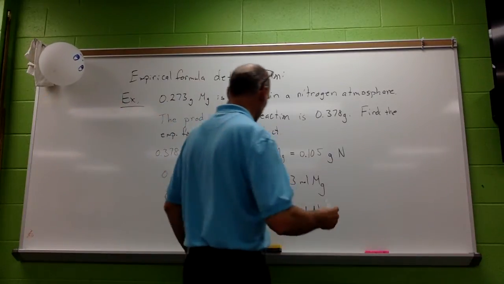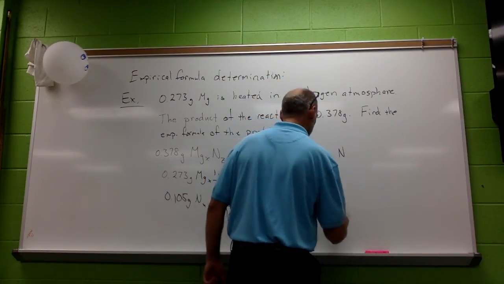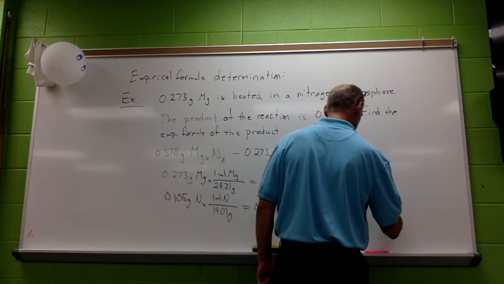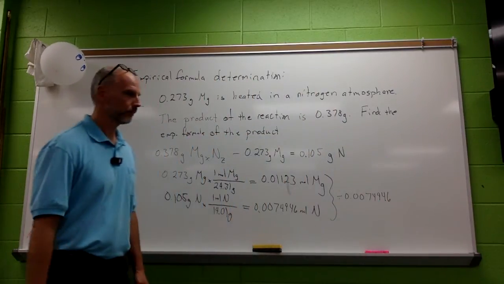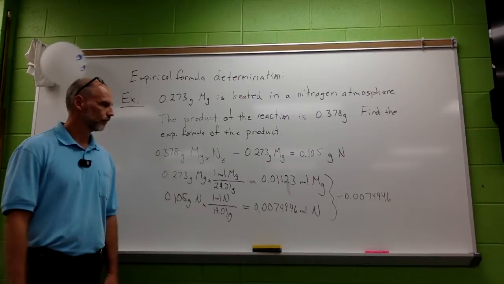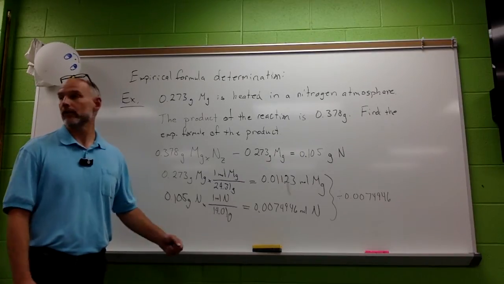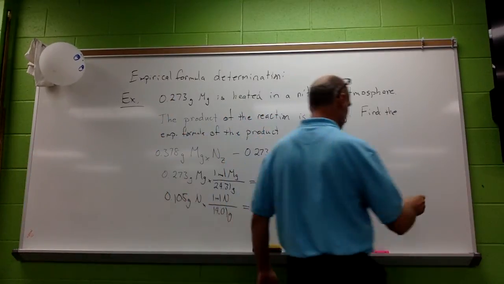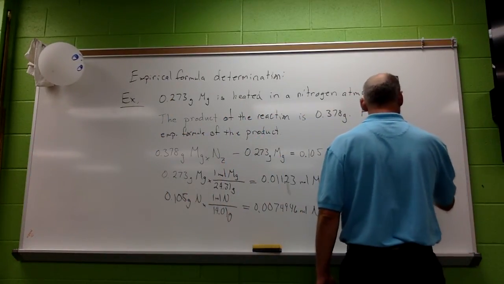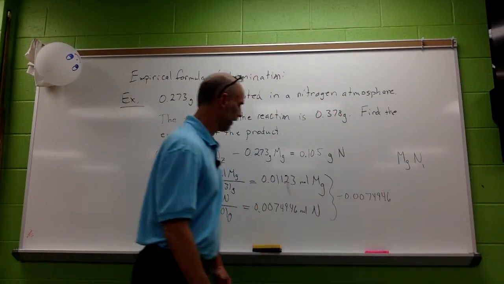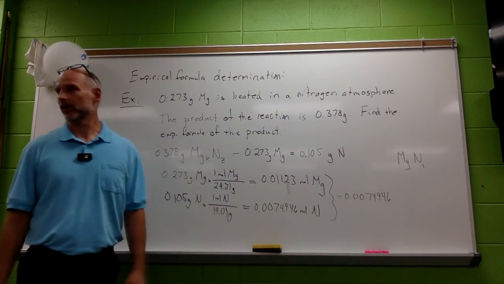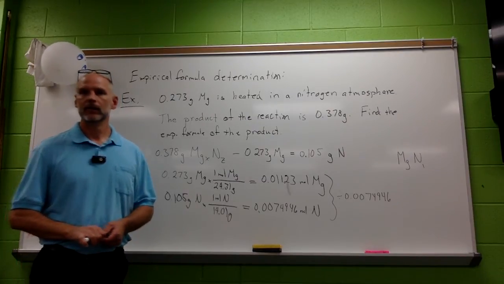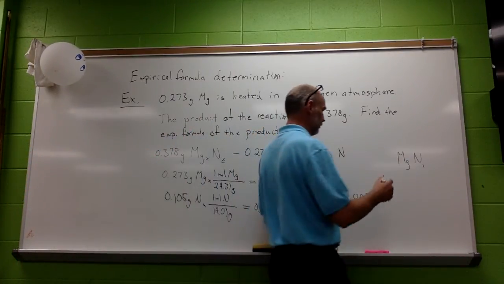In this case, it's 0.0074946. Obviously, the nitrogen is going to become 1, and the magnesium is going to be, oh, this is a great question because it covers everything, 1.495.